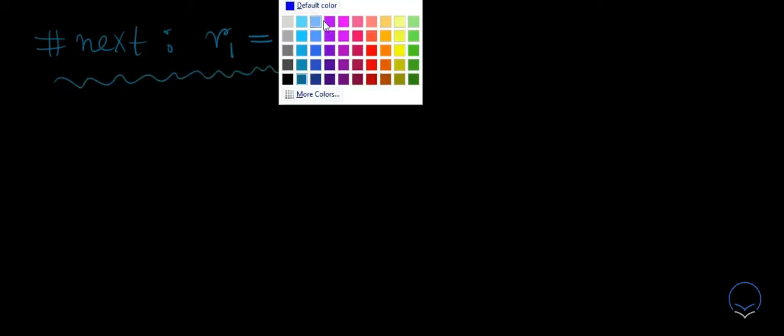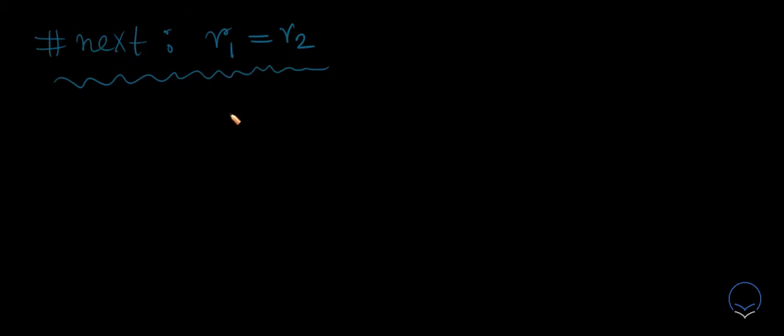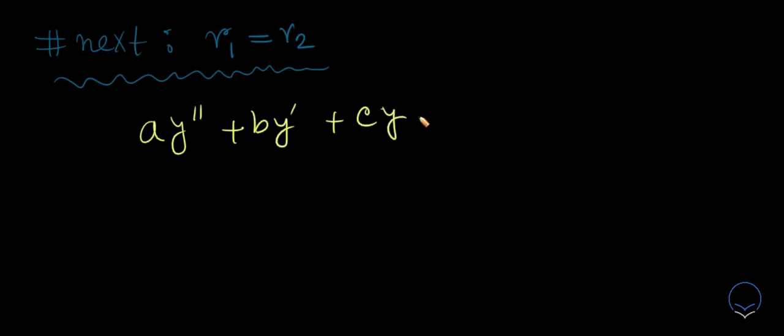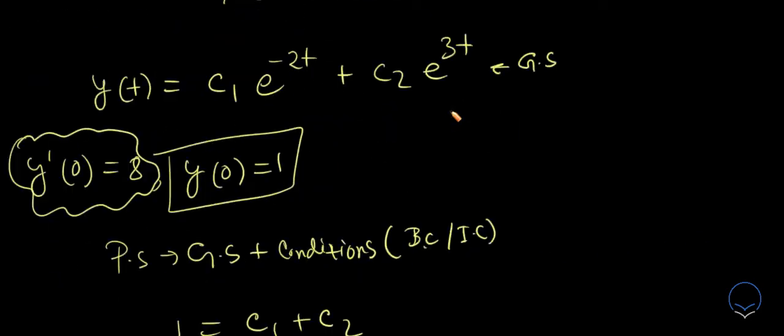We want to see what happens when R1 is equals to R2, and we can do it in a general way. So again, consider the equation a y double prime plus b y prime plus c y equals to 0, just like before.